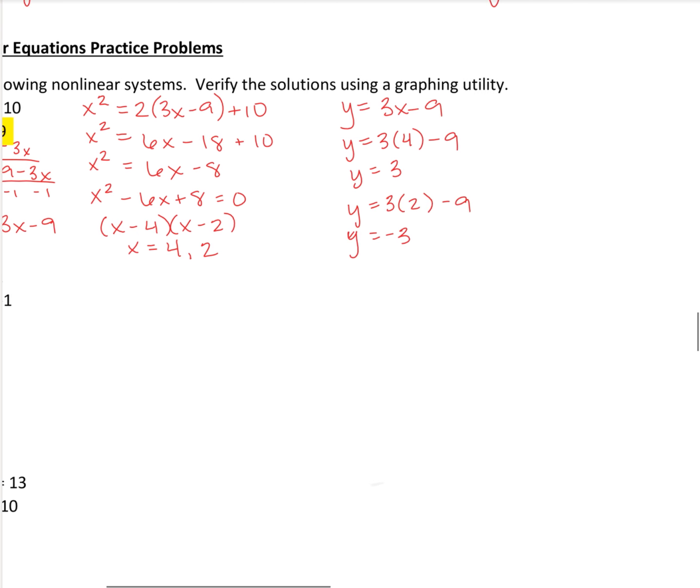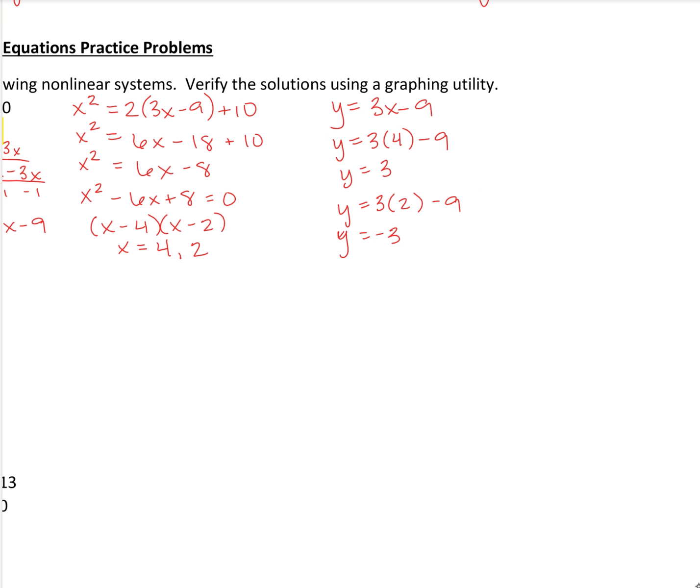So when I write my answers, I plugged in a 4 and got a 3, and I plugged in a 2 and got a negative 3. These are my two solutions to my problem.